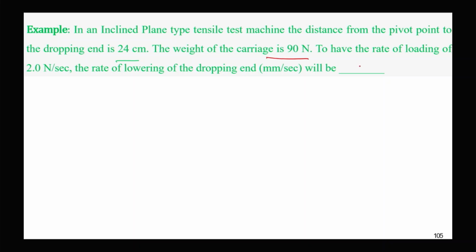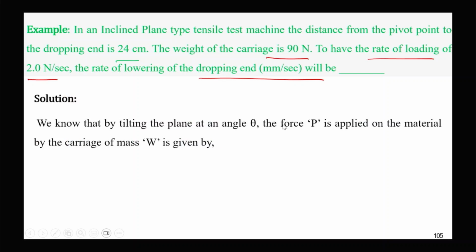Now to have the loading rate of 2 Newton per second, so we want to fix the rate of loading. Now we want to calculate the rate of lowering down, at which rate we have to lower down the other end. The same relationship we have to use.